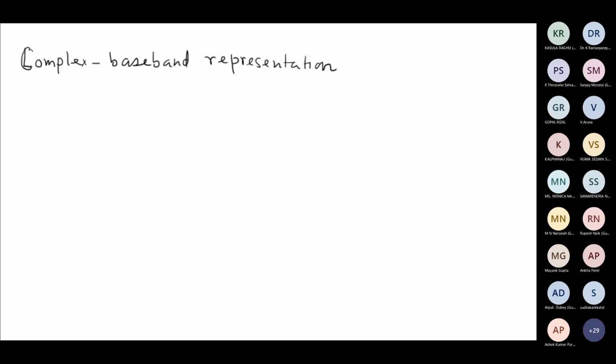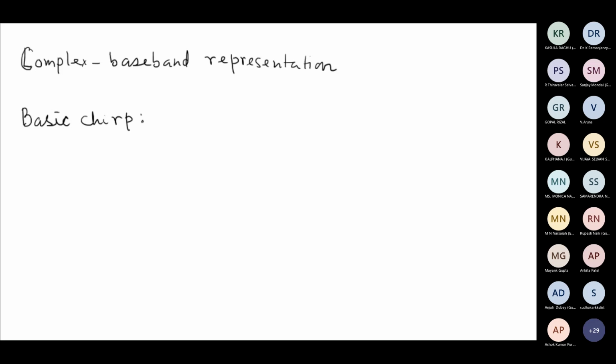Now, before going to the complex baseband representation of different chirps, let us consider one specific chirp. As we know, the chirps are defined by their starting frequencies. So we would be looking at a very special chirp, which is called the basic chirp.